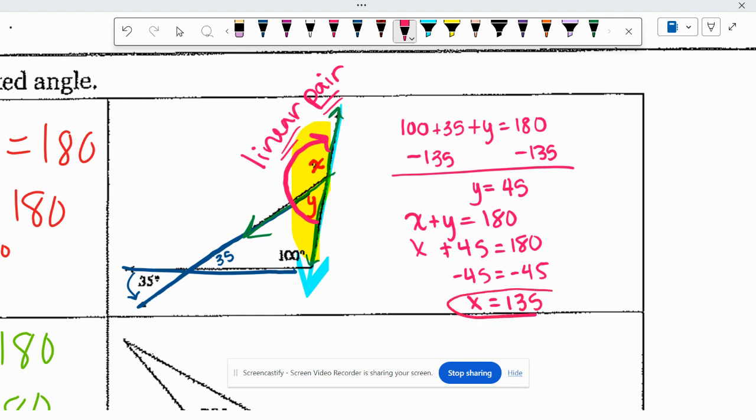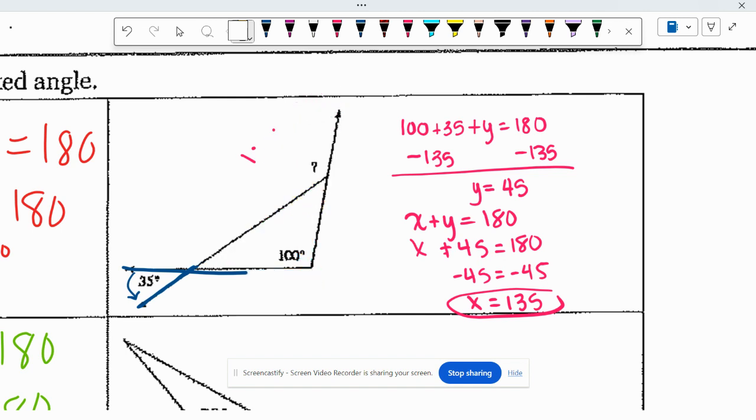So this exterior angle of this triangle is the sum of the two remote interiors. So we called this Y and this X. This is the exterior. We just discovered that this equals 135 using linear pair.